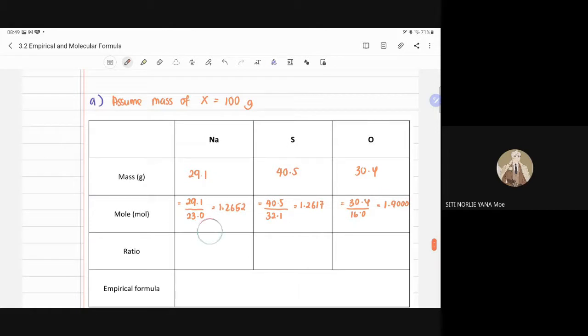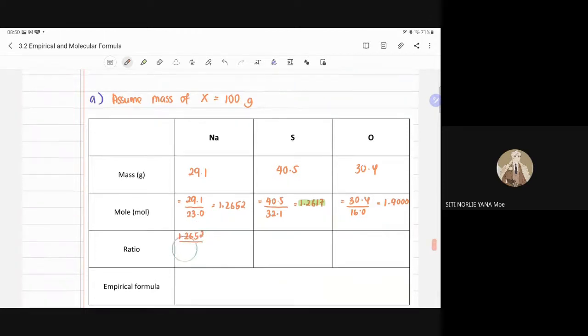Okay, so now antara semua ni kita nak kira ratio dia, kita akan ambil the smallest number of mole. So smallest number dekat sini adalah, the smallest number is this one, 1.2617. Jadi kita dividekan semua by 1.2617. So ratio dia 1.2652 divided by 1.2617.